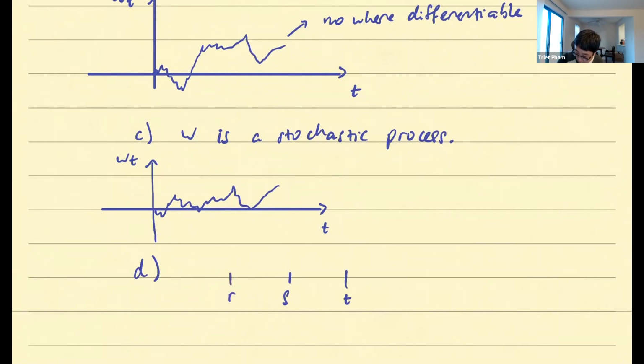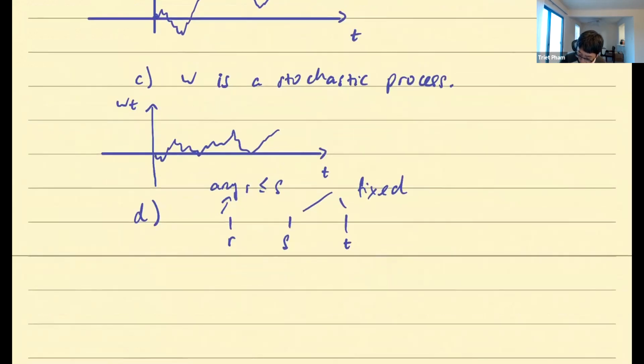We think of S and T as fixed points in time, and R as any point below S. Then independent increments says that W_t minus W_s is independent of W_r minus W_0.